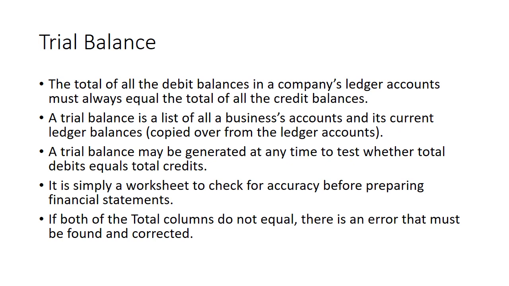The first column shows the name of the account, and if the balance brought down is on the debit side, it will be written on the debit side. If the balance is on the credit side, then the amount will appear on the credit side.